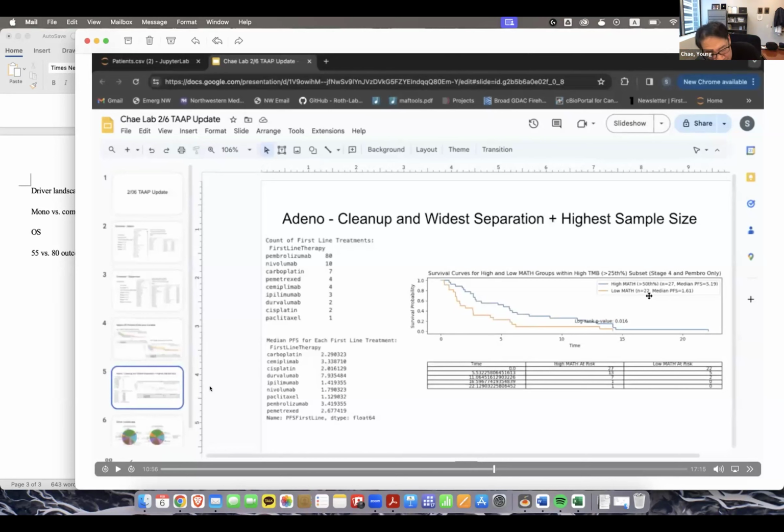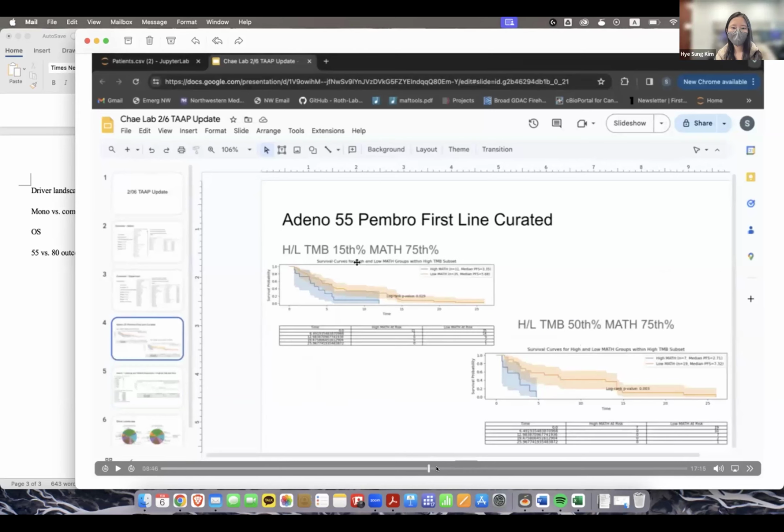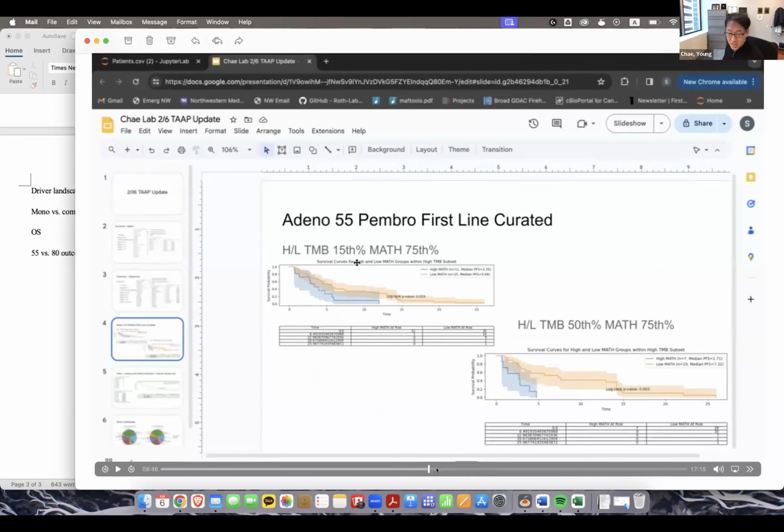That's why I need him to work on it, because it's not about choosing which is the better cohort. It's about making an accurate cohort. Like if I want to look at stage 4 Pembro versus, can you go back to the other graph? This is just all stages combined. So this is all stages and Pembro only, with curated start and progression dates.